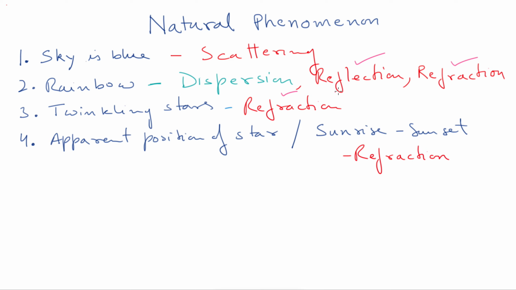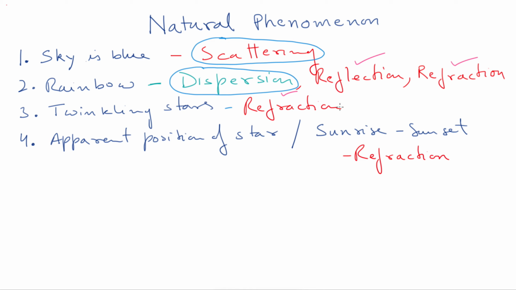Get the point? So what are the two new concepts that you see over here? One is scattering, which we have not done yet, and one is dispersion. So today we'll start with dispersion and then we'll do scattering, so that we know what all these mean, and then we'll start picking up each natural phenomenon.